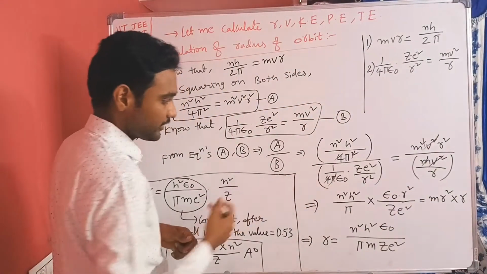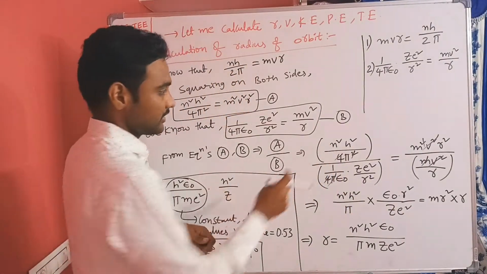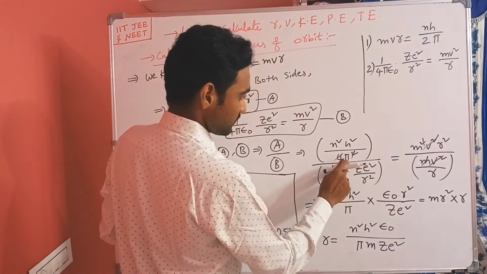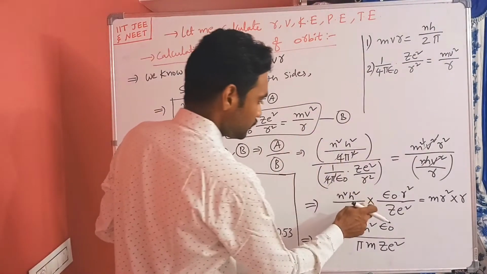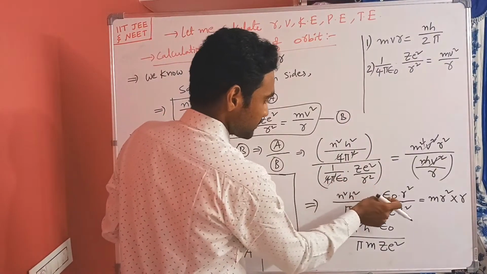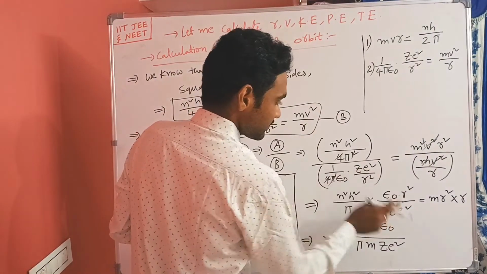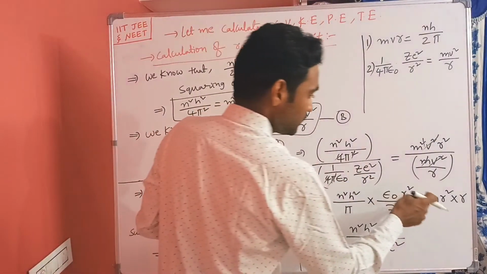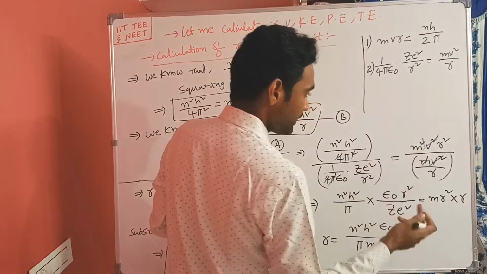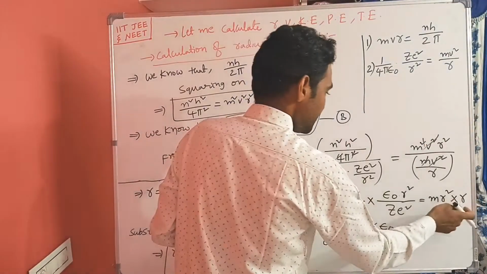Now remaining things I have to write. n square into h square by pi, 1 pi remained, this one will go upside, then epsilon naught r square will reverse by z square. Don't confuse, it is equal to 1 m already cancelled, still 1 m remained, m r square, this r will go upside, then r.